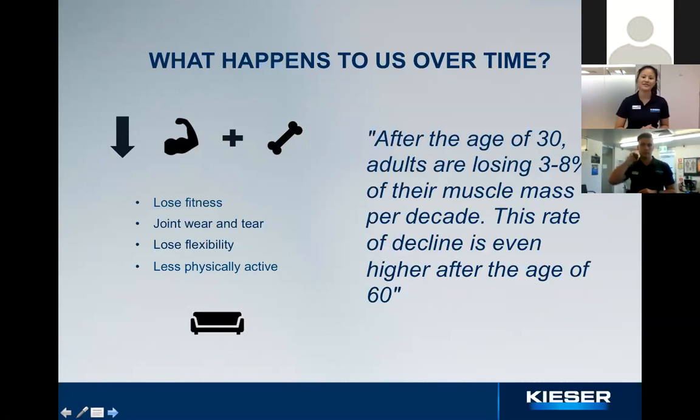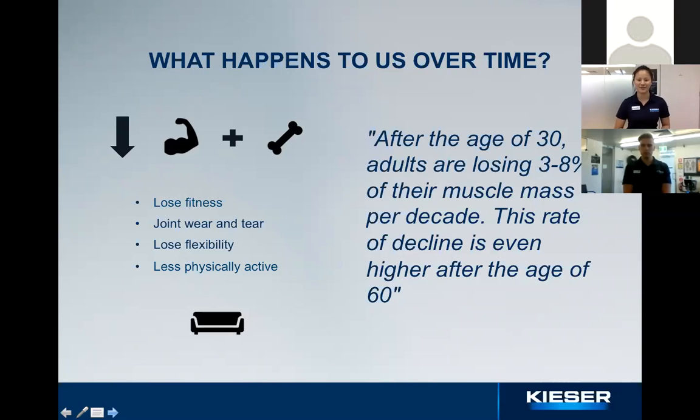So what happens to us over time? Generally speaking, as we age, we do lose fitness. There's a deterioration commonly in your joints, so you get the wear and tear, but also we do lose a bit of muscle mass and bone health as well, bone density. We commonly lose flexibility, and we also become less physically active, generally speaking.